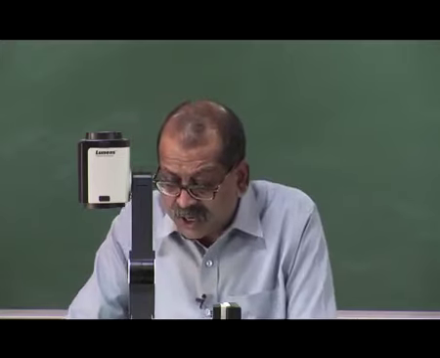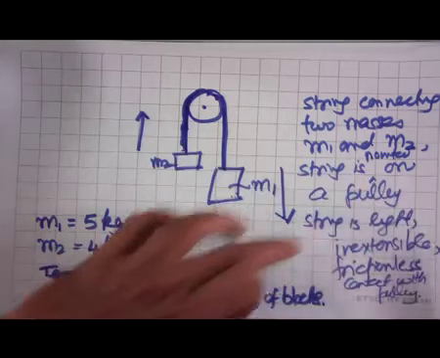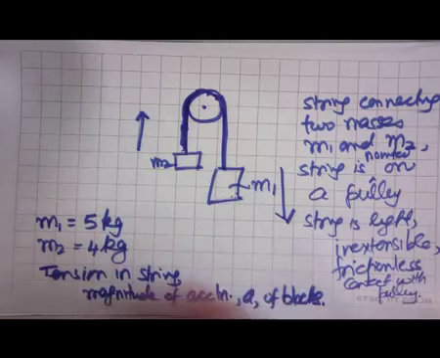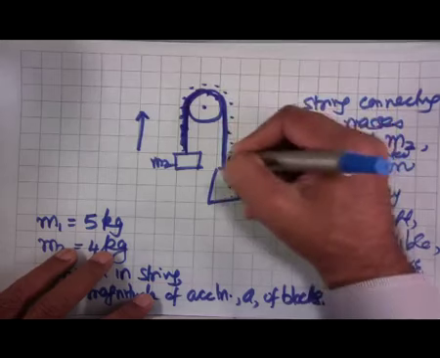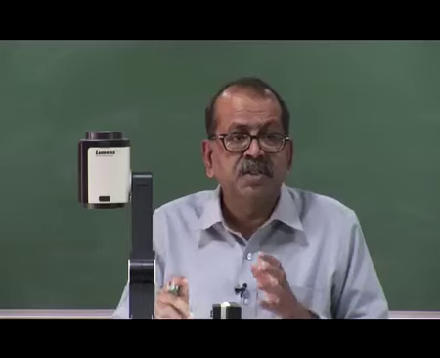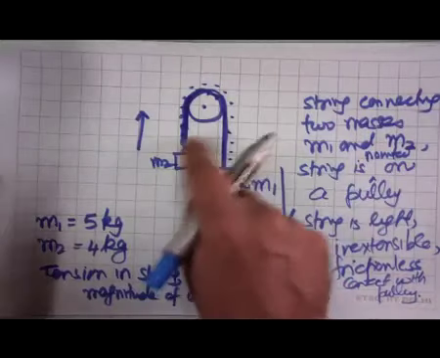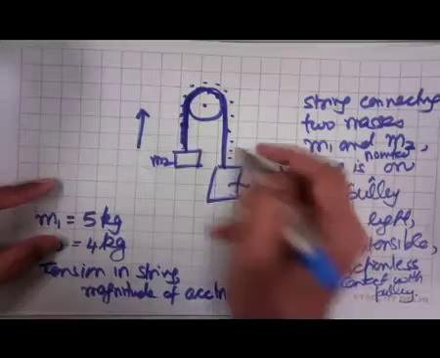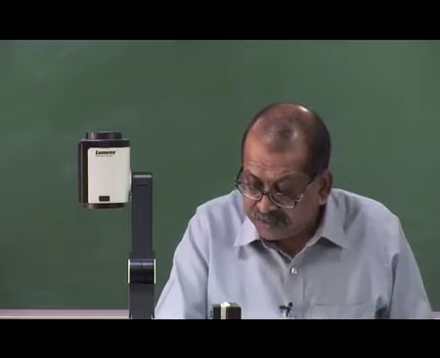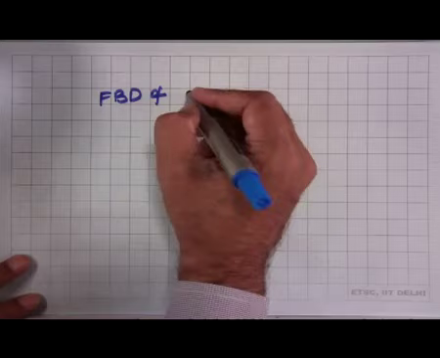The other thing we realize is that because the string is inextensible and in frictionless contact with the pulley, the tension in the string throughout will be constant. The magnitude of tension is constant, its direction changes as we go along the string, at least for the non-straight parts. So, let us draw the free body diagram of mass 2.